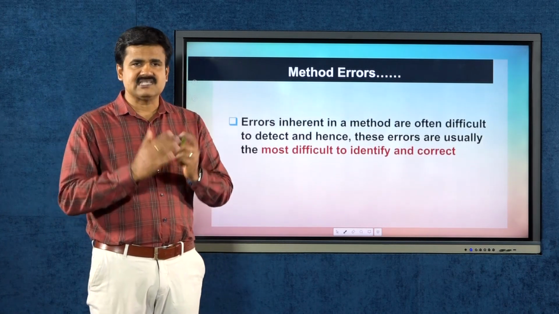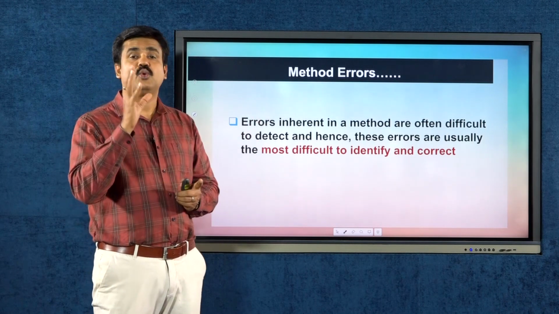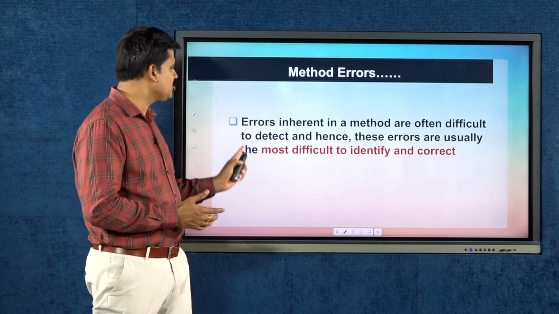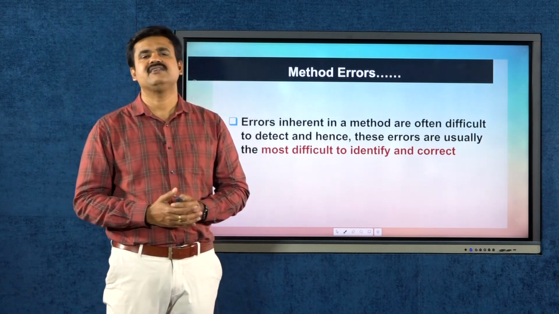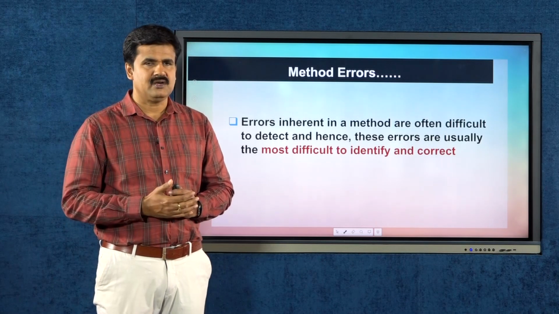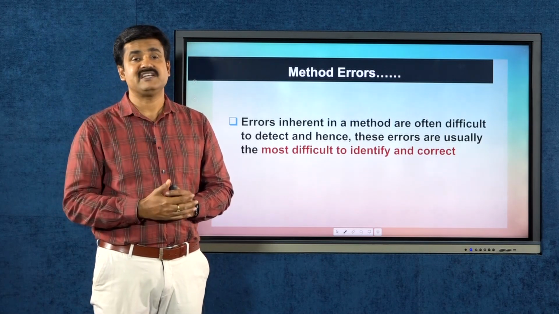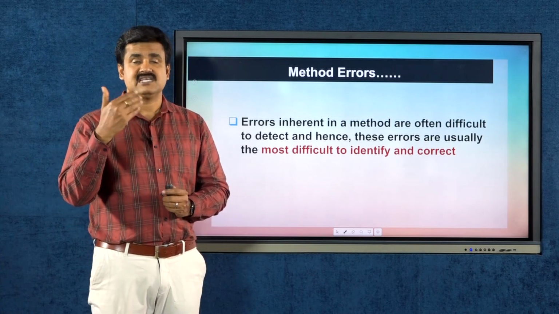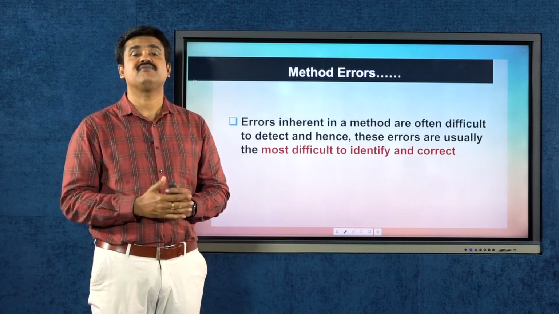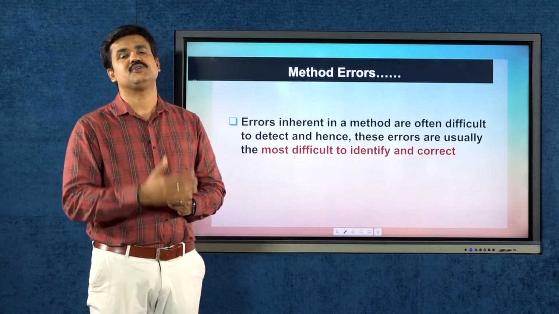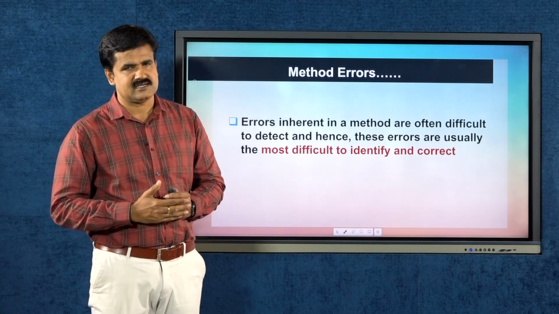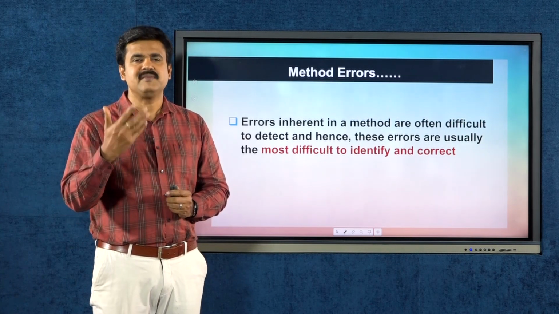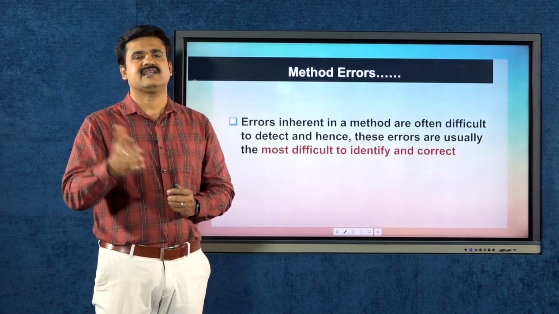Now, errors inherent in a method are often difficult to detect, and hence method errors are usually the most difficult to identify and correct. In the last module, when we discussed the 3 kinds of determinate errors, I mentioned the important fact that method errors are the only type of determinate errors which are difficult to identify and difficult to correct. However, personal error and instrumental error can be comparatively easily corrected.